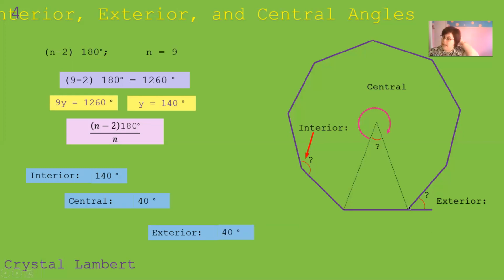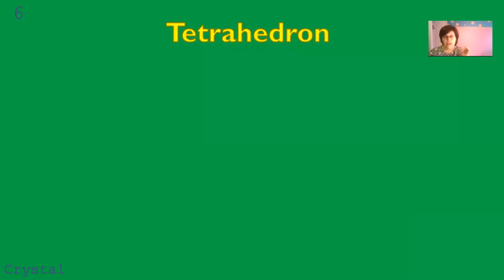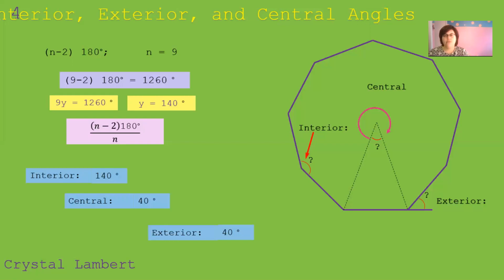what we know, it's 40 degrees. Because the interior angle, this whole angle right here, do not let this dotted line confuse you, because this was for figuring out the central angle.